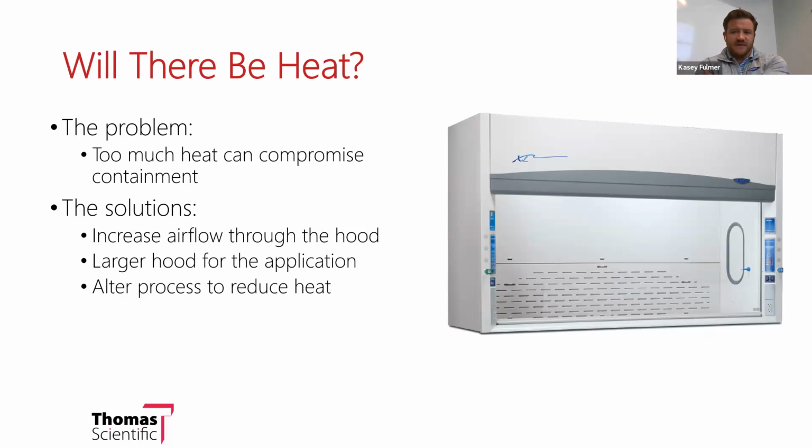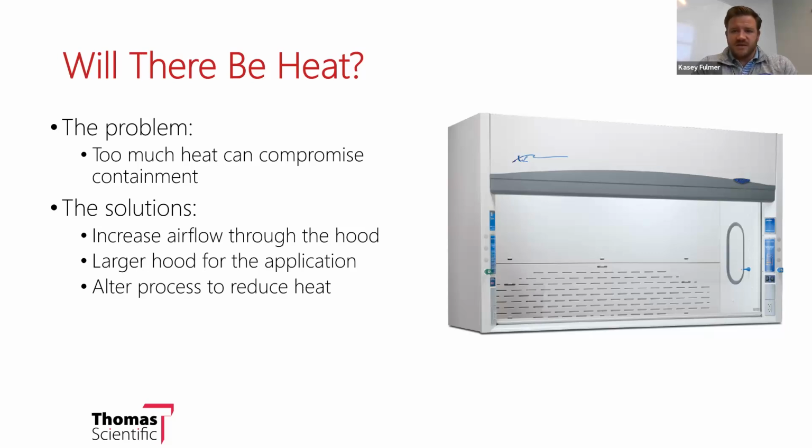And then if all else fails, you've lowered your sash, you've increased the airflow, you've considered a larger hood, and you're still using too much heat, it might be time to consider an alteration to your process, a reduction in the process, a multiplication of your process, doing these in different hoods, multiple hoods, things like that.